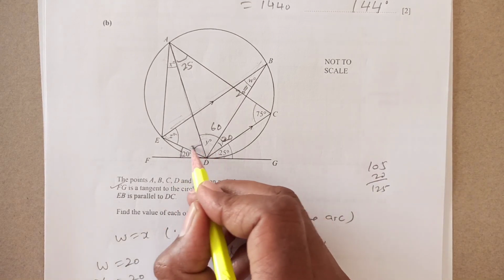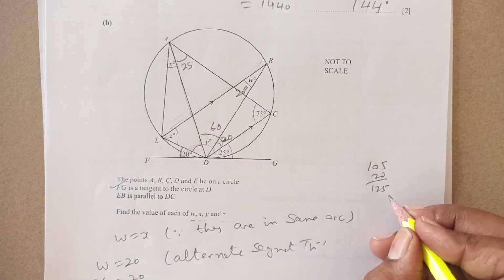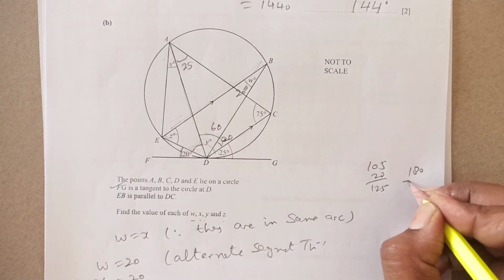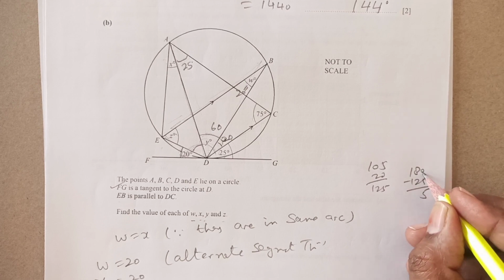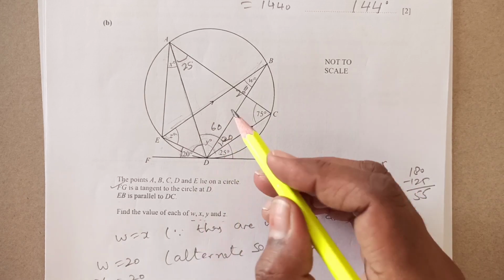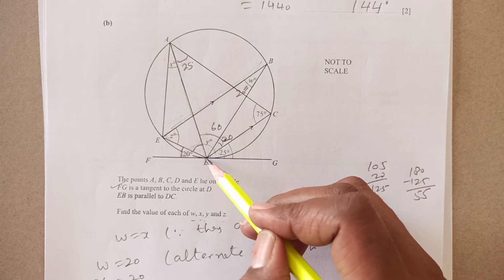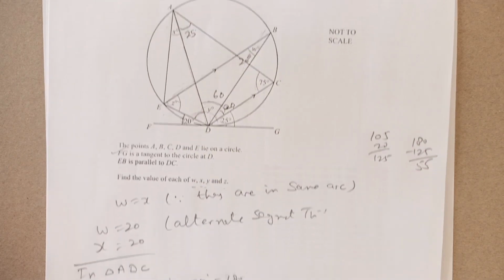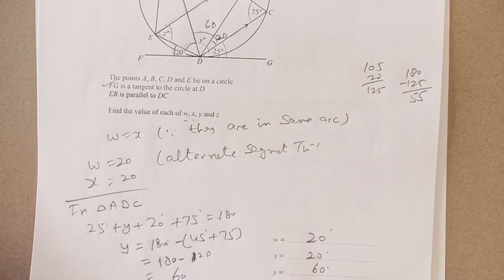So this total is 180. So 180 minus 125 is 55. Now we can have this side. So from here, when you take the sum of all these angles, that gives us an angle of 45 degrees, right?